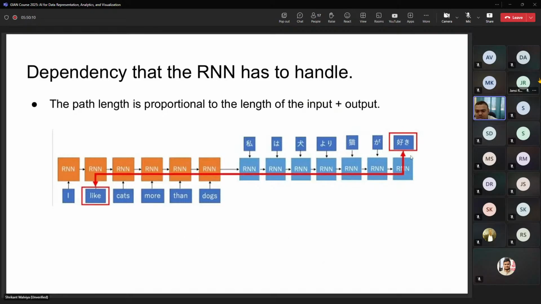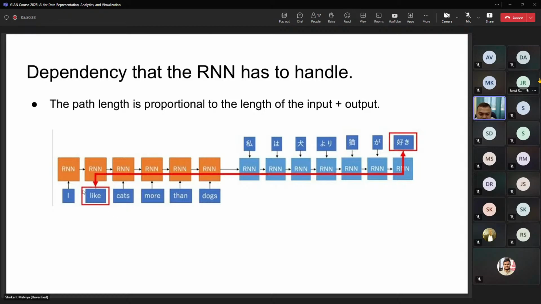There is one more drawback in this sequential generation: the bottleneck problem. Bottleneck means it has to process the entire input sequence, and only the last representation will have the information of all the sequence. There is a bottleneck at the last representation of the last input in the sequence.